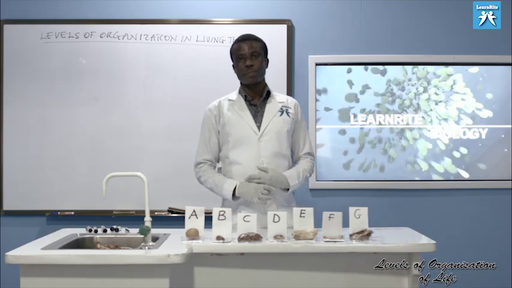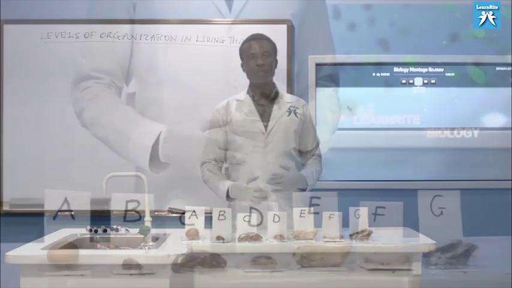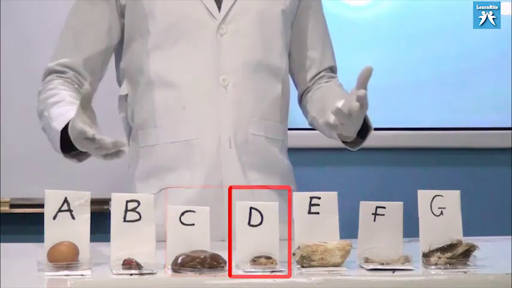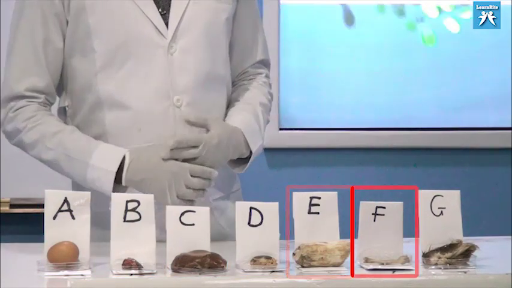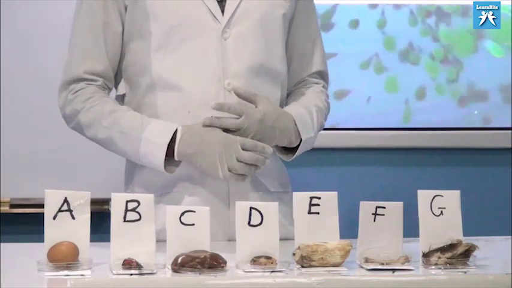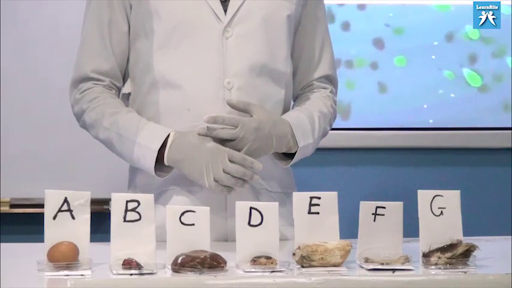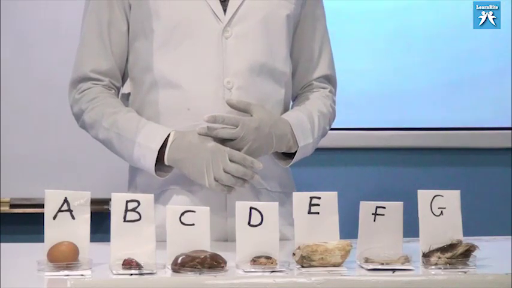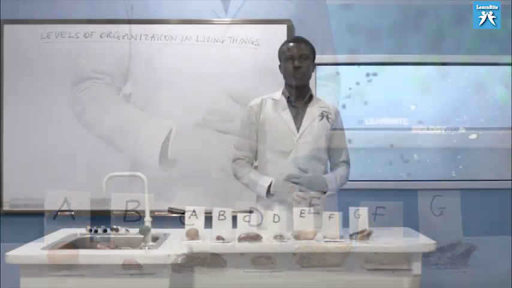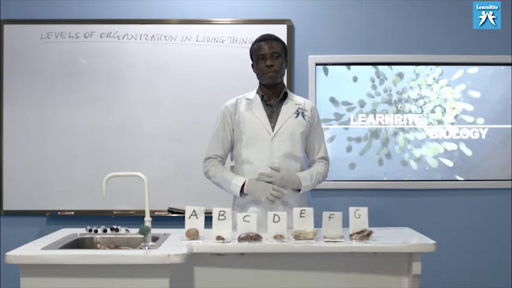Let's look at the question. You are provided with specimens A, B, C, D, E, F, and G. Carefully observe the specimens provided and answer the questions that follow. Let's look at the first one.